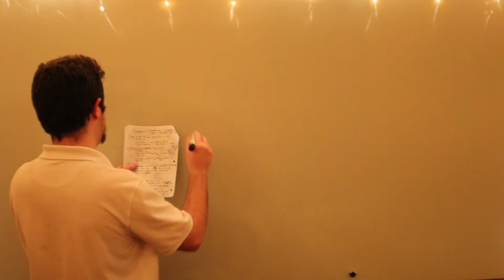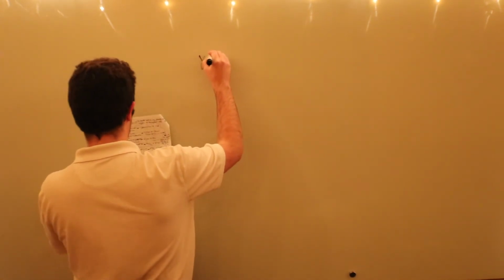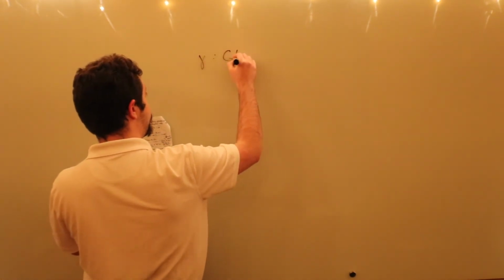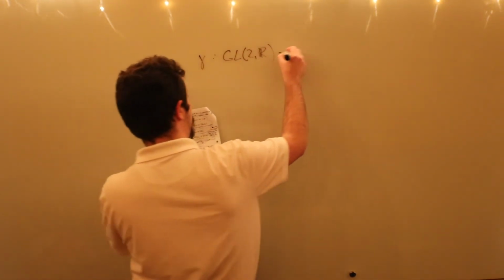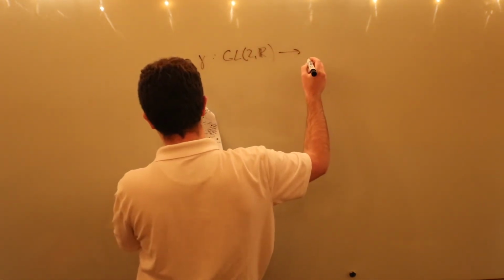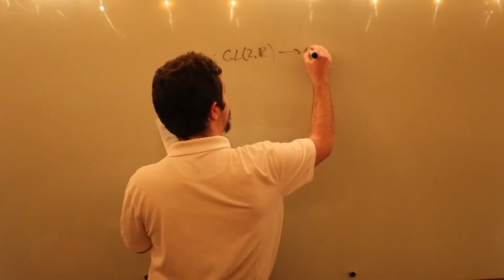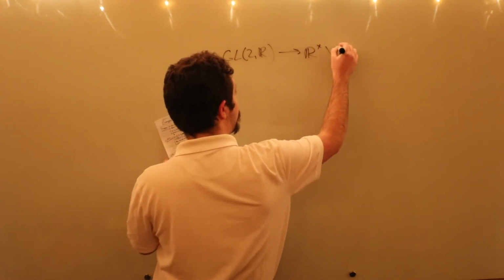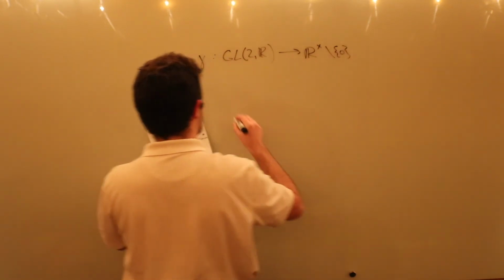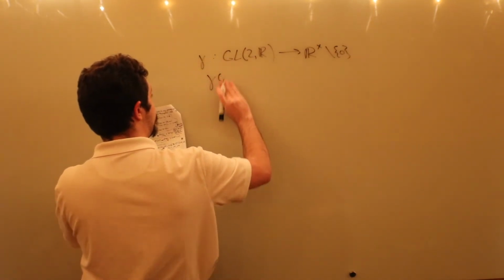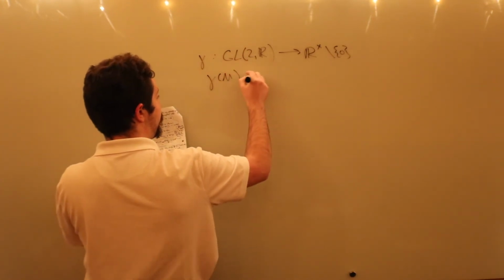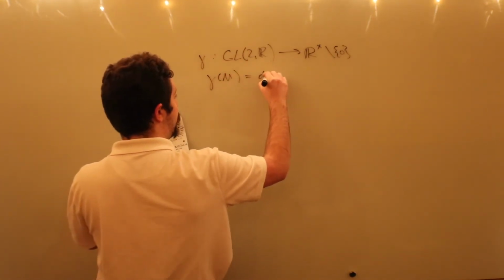All right, next example is going to be the homomorphism gamma from, once again, the general linear group to the multiplicative real numbers, excluding 0, of course. And it's given exactly by gamma of some matrix M is equal to the determinant of M, right?